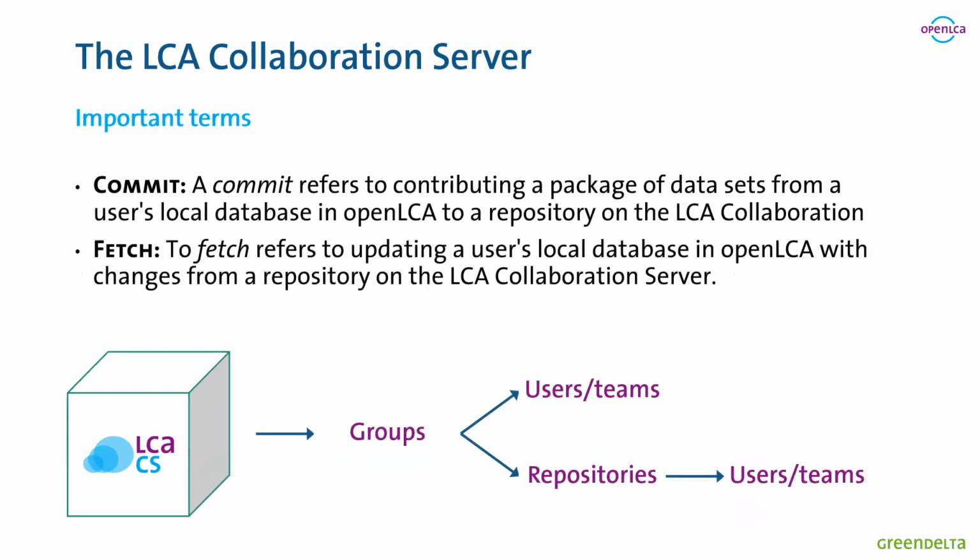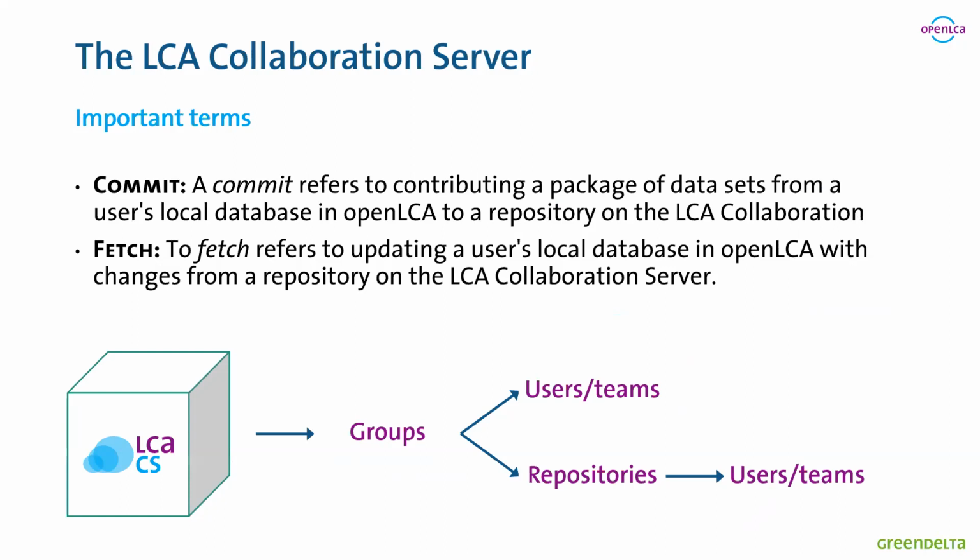Other key terms which we would like to discuss are, for instance, a commit and also a fetch. Maybe some of you are already familiar with these terms. A commit generally refers to contributing a package of data sets from a user's local database, so basically from the database in openLCA to the online repository. So it's basically sending your work to the LCA collaboration server.